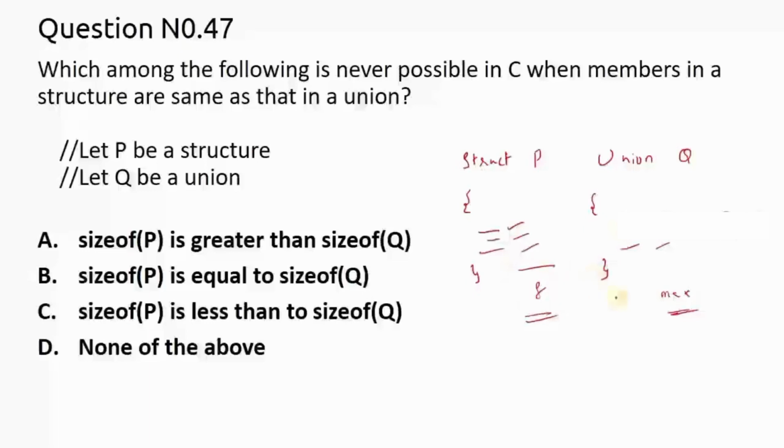So if you consider the memory for structure and union, the memory of the union can never be greater than that of the structure when it comes to the same members. That's why this is never possible. So it may be greater than, it may be equal, but size of P, the structure, is never less than size of Q. So the answer is C.